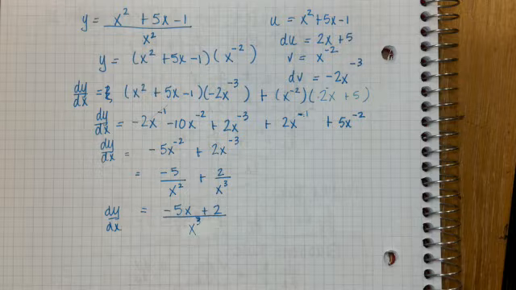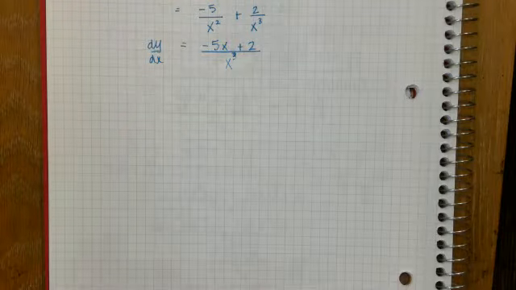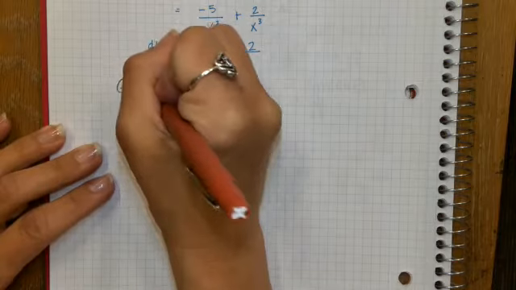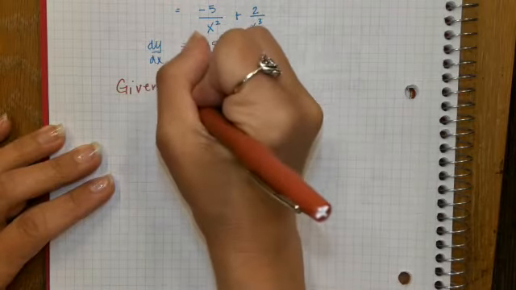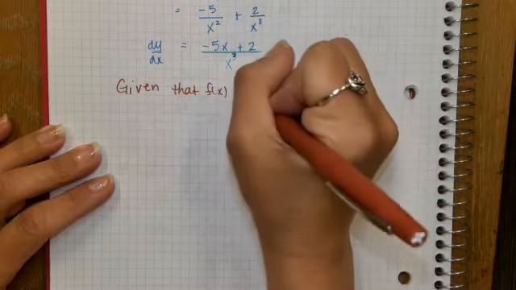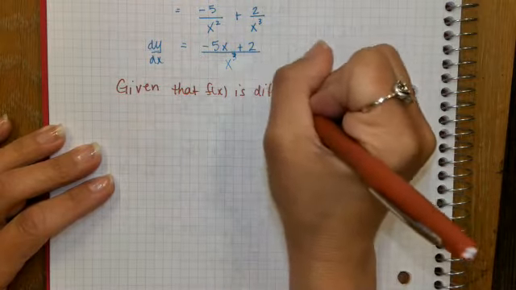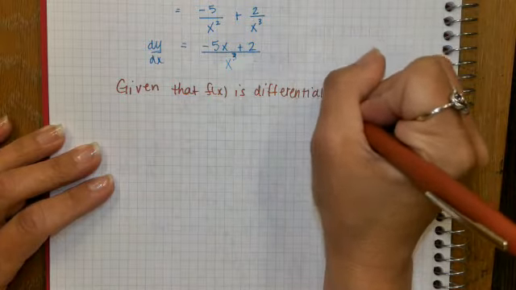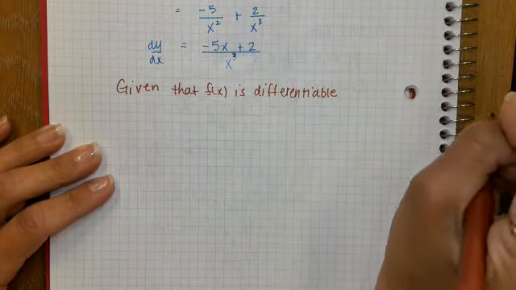Let's look at an example where you're given the derivatives and you have to work backwards. Given that f of x is differentiable, which also means it's continuous. If you're differentiable, you're continuous, not necessarily the other way around.